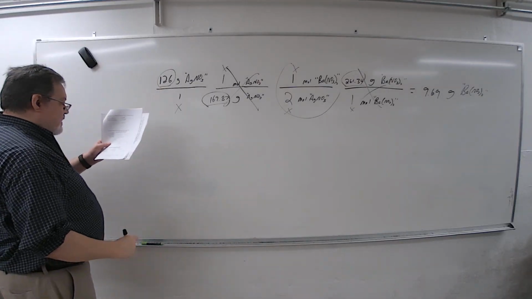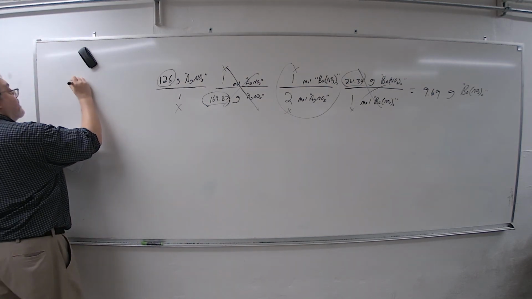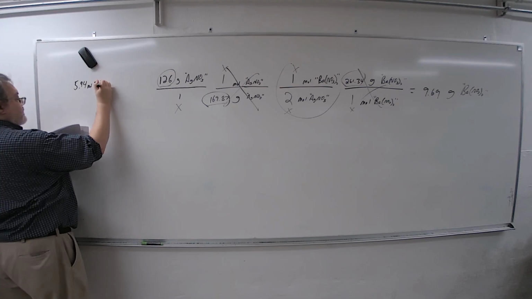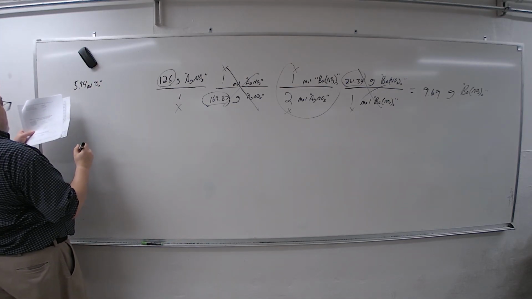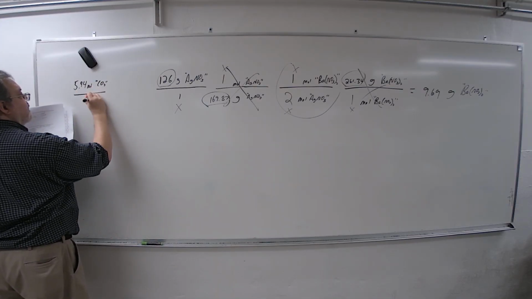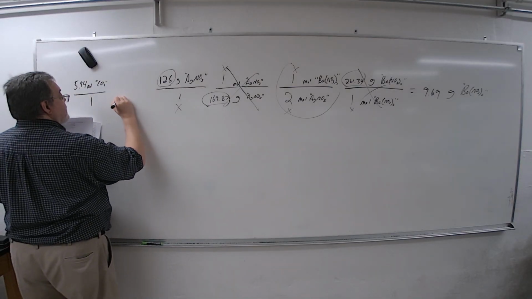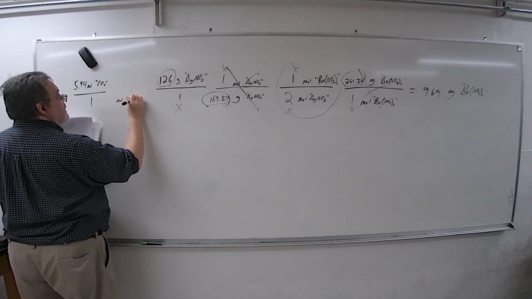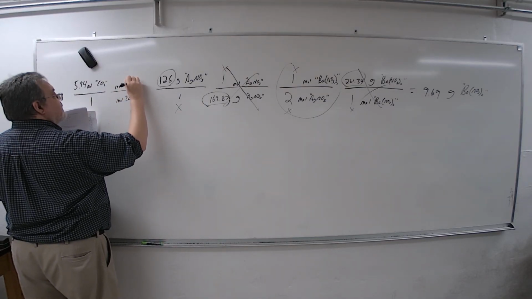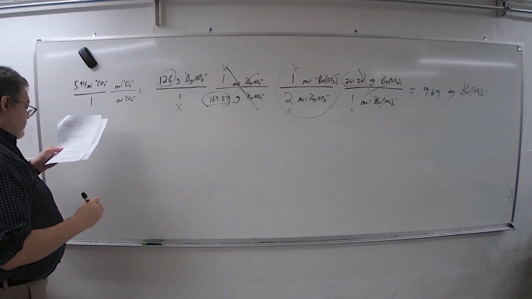How many moles of O2 are needed to produce moles of CO2? Grams are not mentioned, so you're not going to need that term and that term. You're only going to need this for that equation. So it says 5.94 moles of O2, and moles of CO2. Since you only need that one relationship, moles of CO2 goes on the bottom.